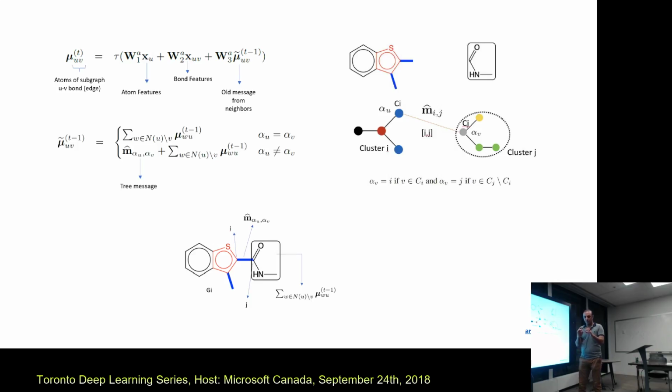I believe what they do is that they use the tree messages and figure out which bonds connect the structures that were represented in the junction tree. And then they insert the messages from the junction tree into the molecular graph. That's what I think. I'm not 100% sure. That's the best idea that I had to solve how they do this.